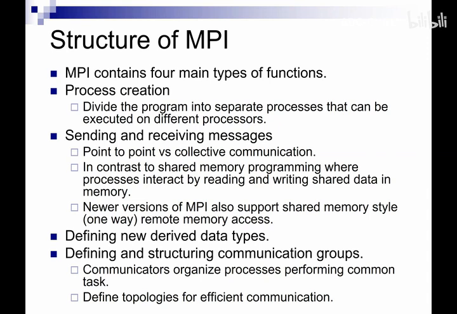So there are functions in MPI to create these different communication groups and to structure them in some way. There are also ways for you to specify a topology on this group. For example, you might say that a group of processes has a mesh type topology. Once you specify this topology, then MPI can do some optimizations in terms of its communication.